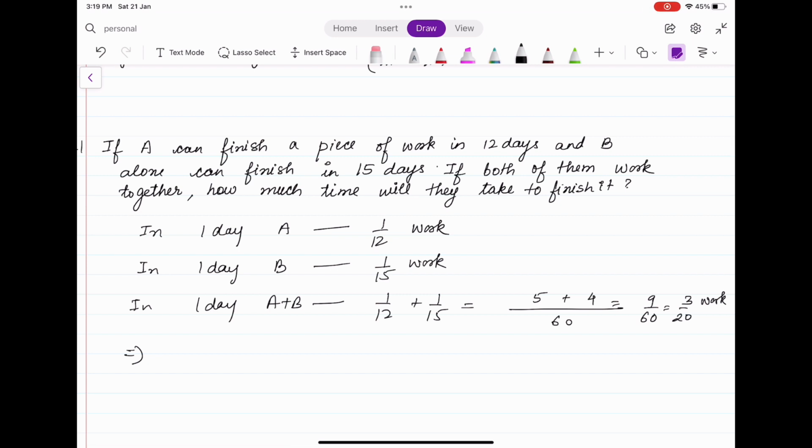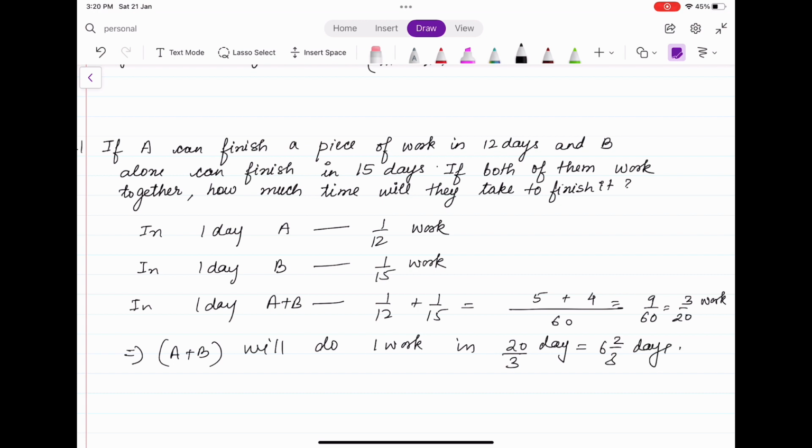Okay, it implies A plus B will do one work in the reverse of this, 20/3 days, which is equal to 6 2/3 days. I hope you understand how I got this.